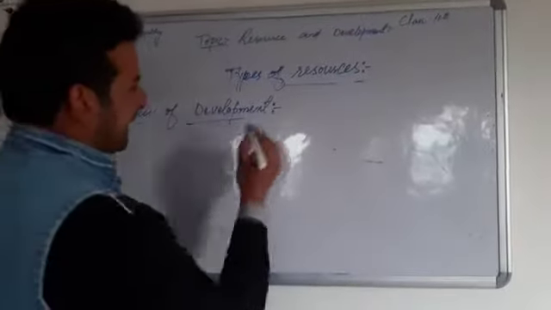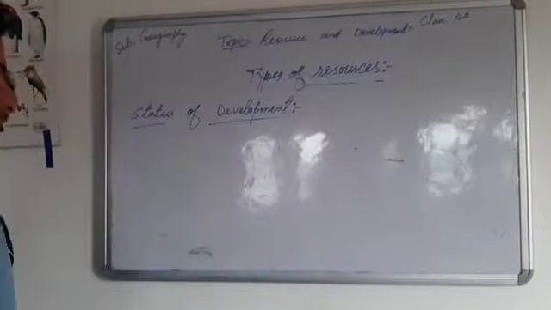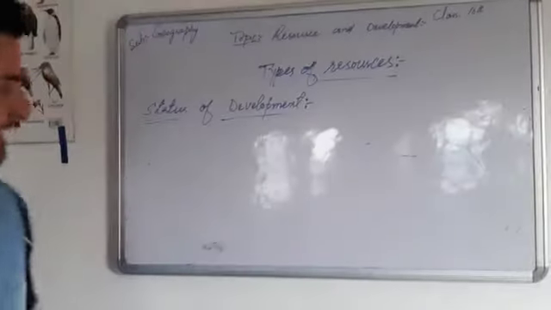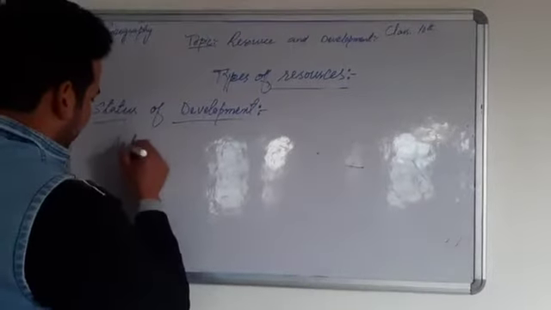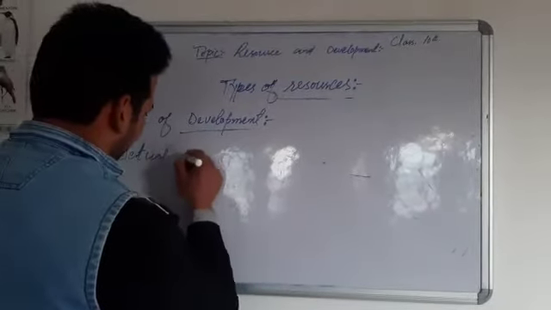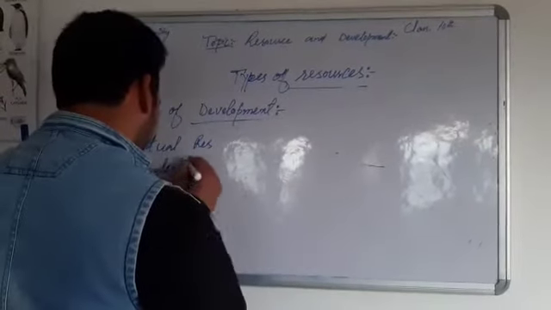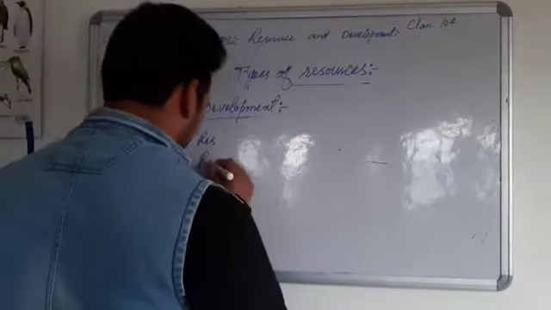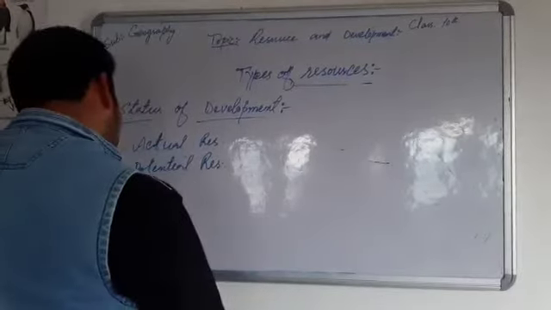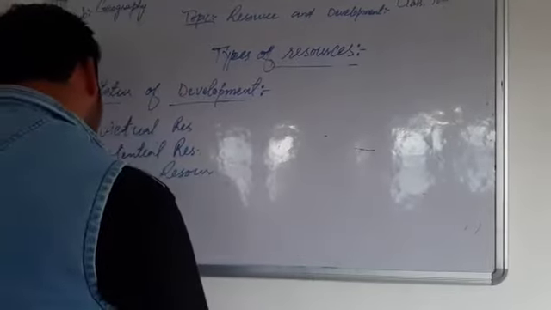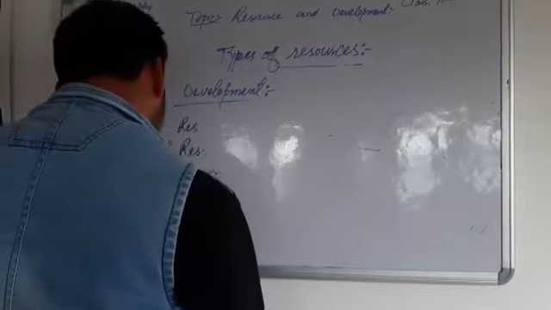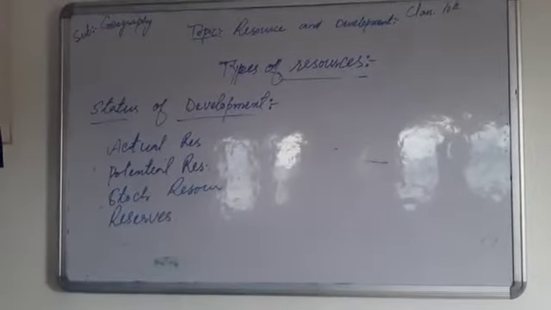And the last criteria for types of resources is status of development. On the basis of status of development, resources can be divided into actual resource, potential resource, stock resource, and reserves. So what are actual resources?